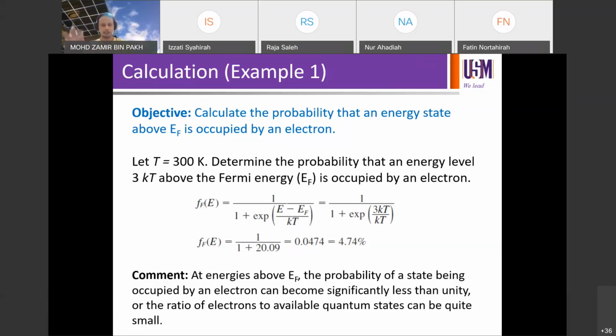So always sketch something first, then jump to the calculation. When you get the result, you can always make sense of it with the sketch. Sometimes when you just jump to the calculation, you may not be able to make sense of the results because there's no sketch to refer to.